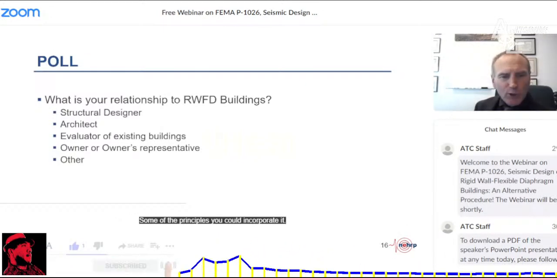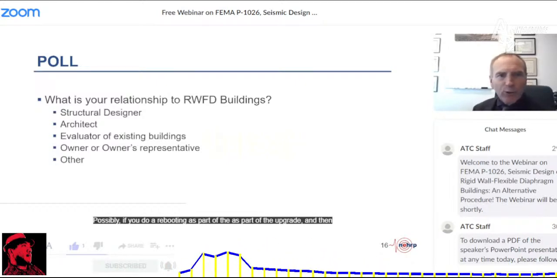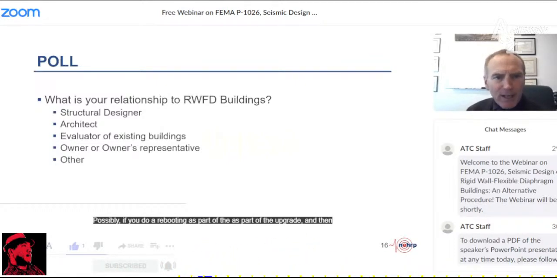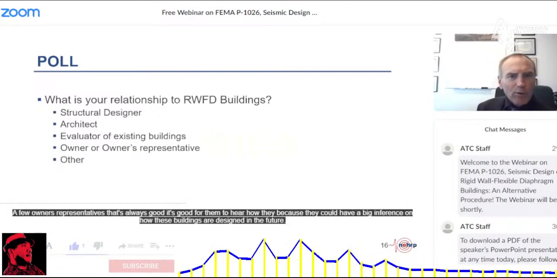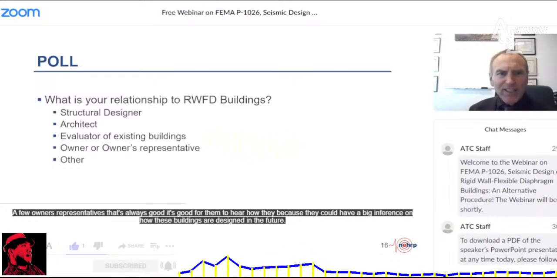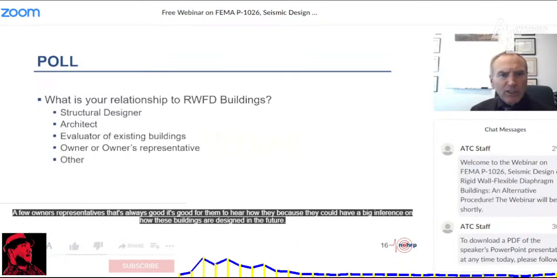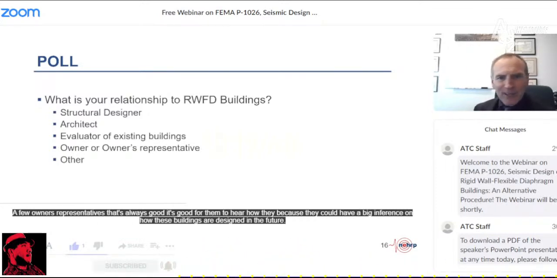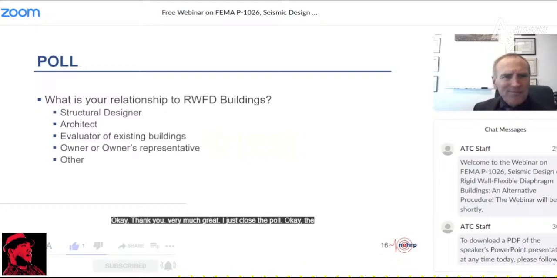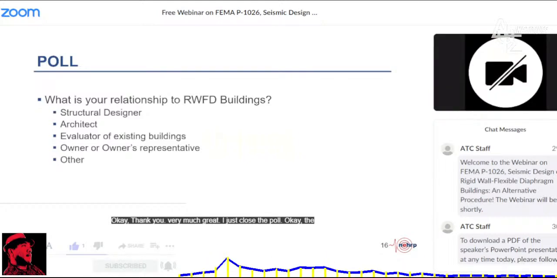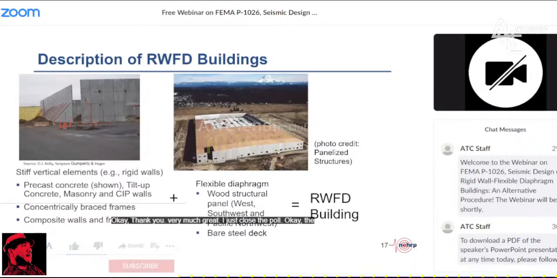Some of the principles you could incorporate possibly if you do a re-roofing as part of the upgrade. And then a few owners' representatives, that's always good. It's good for them to hear because they could have a big influence on how these buildings are designed in the future. Okay, thank you very much. Great. I just closed the poll. Okay.